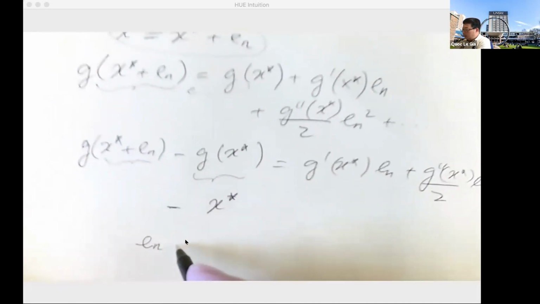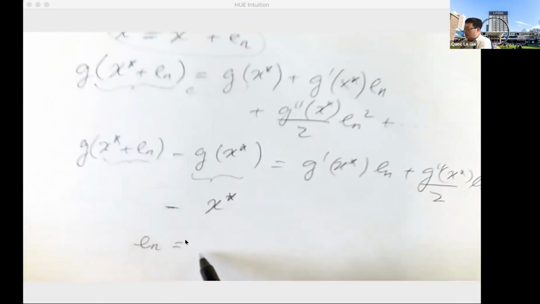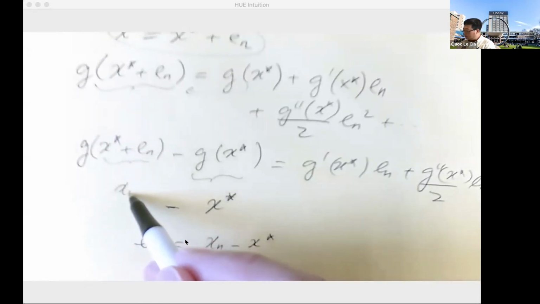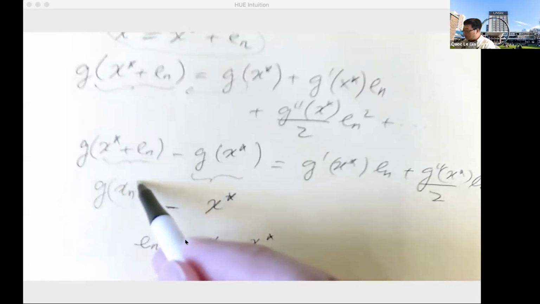Remember en is xn minus x star, this error. So then x star plus en just equals xn. So this is g(xn).